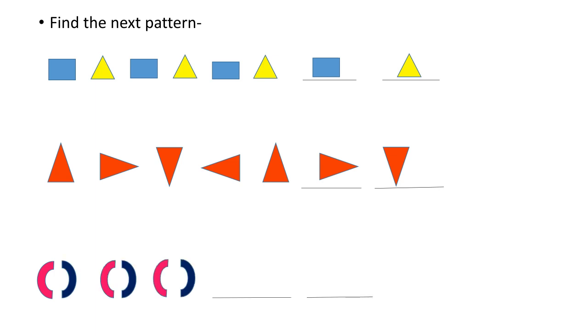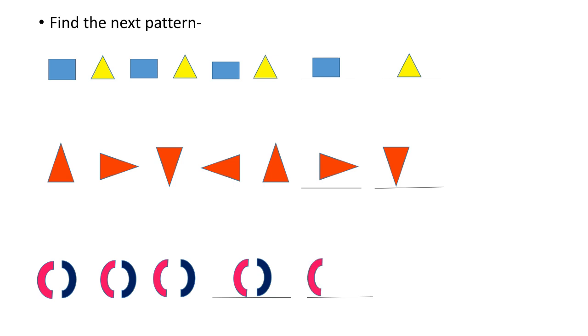Again, the third example, if I give you, see what will come in these two blanks. See, the first one is a pink curve, then a blue curve. Both are facing towards each other. Then again a pink and then a blue curve. Then again a pink curve and a blue curve. Now what will come in the first blank?